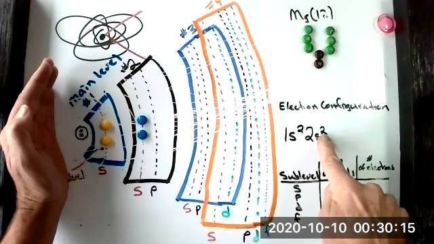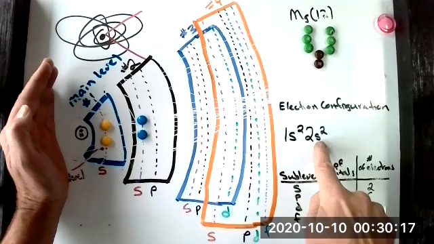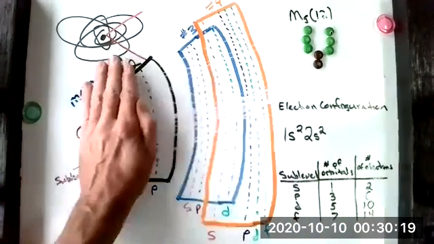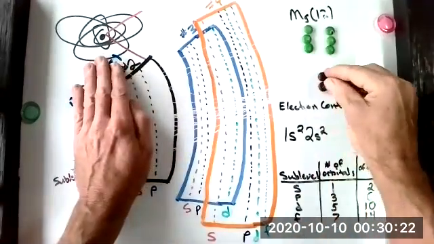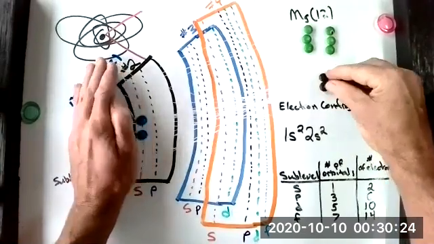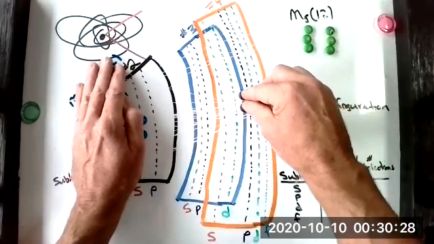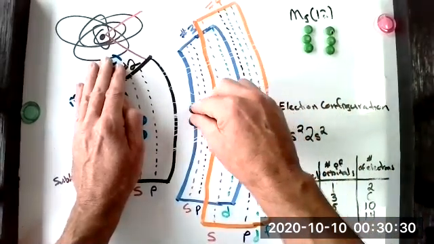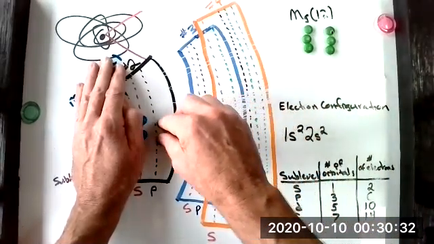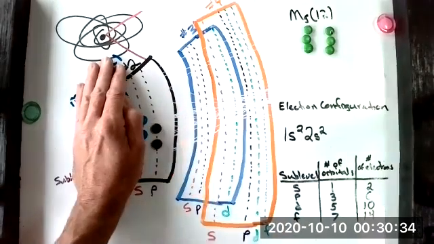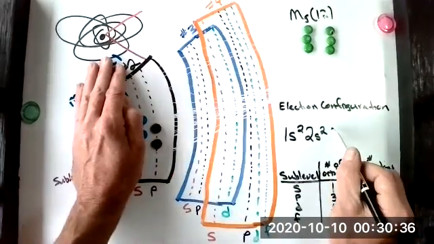That's significant because that 2 tells me this S is full. This thing is done. You can't go there. Let me give these 2 a shove. The nearest open main level is still main level number 2. The sublevel is P.